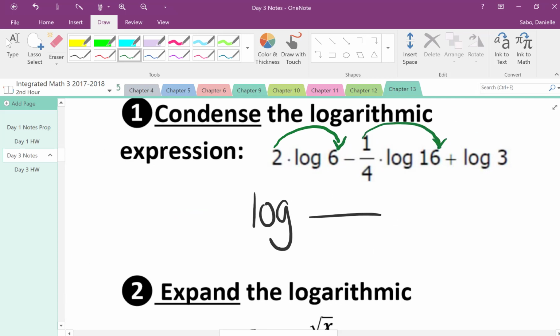I got it. Want to write it? Because you have to add. 36 divided by 2. Because minus is divided. But then plus the 3.